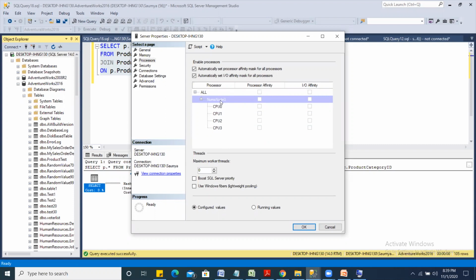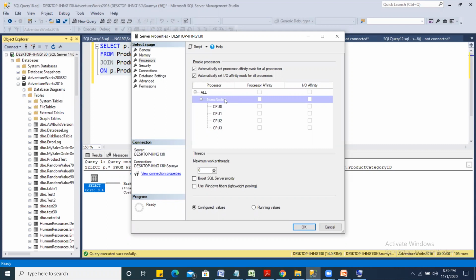Here, simply understand that I have a single socket on which CPU is hosted. 2 cores are hosted on a single socket, and then using hyper threading, those 2 cores are logically divided into 4 CPUs. So ultimately I have 4 logical processors.